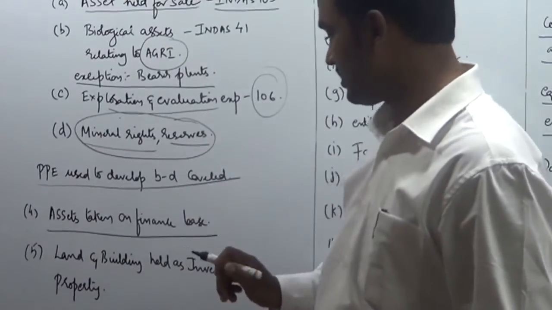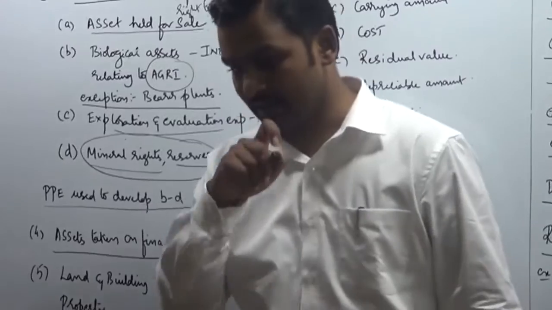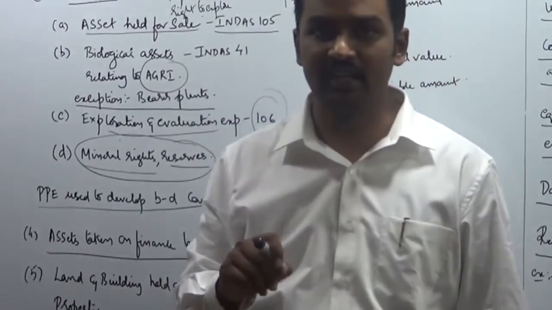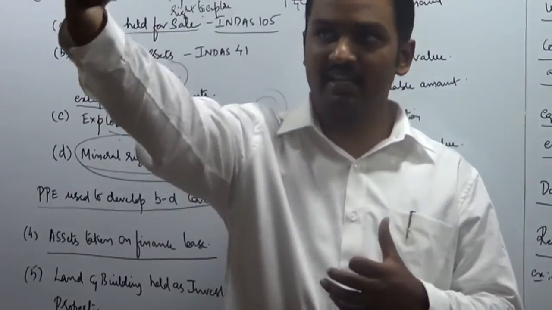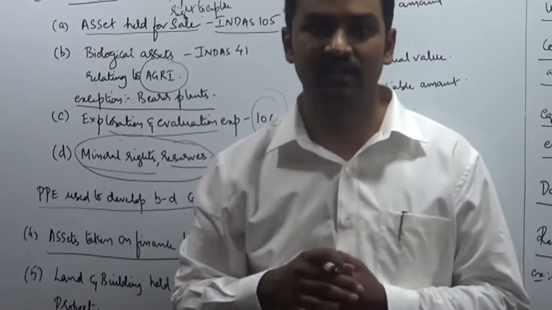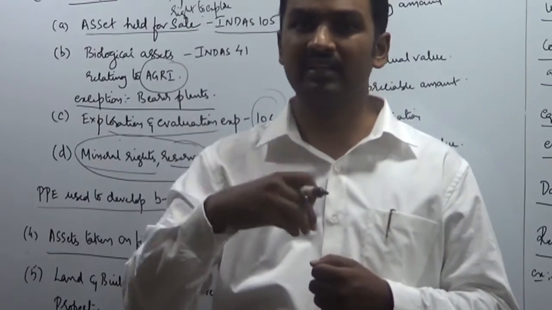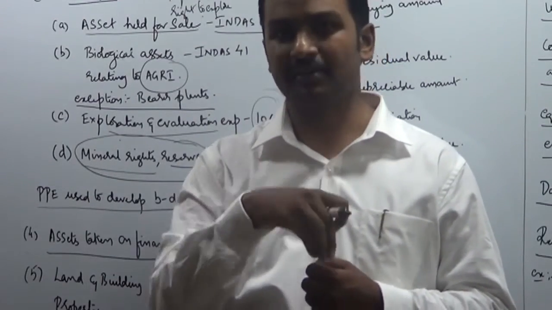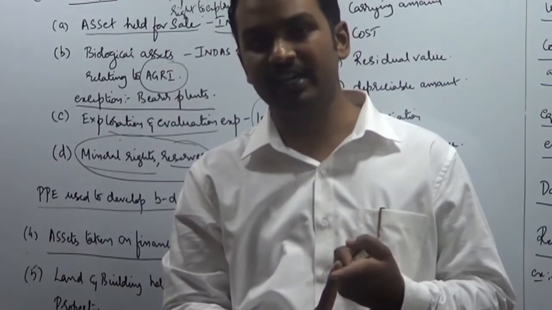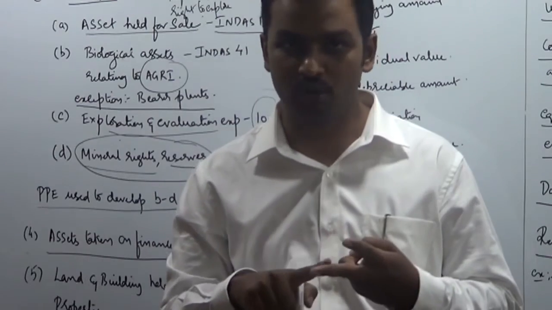Now in this case, the initial recognition, see, as per Ind AS 17, when a lessee takes an asset on finance lease, or as per old AS 19, when a lessee takes an asset on a finance lease, he has to recognize the asset in his books at lower of fair value of the asset or present value of minimum lease payments, whichever is lower.